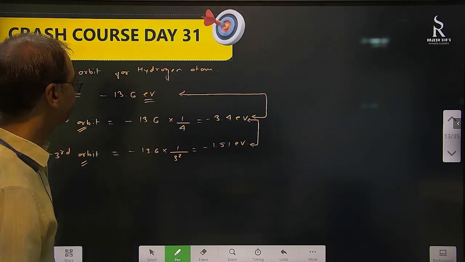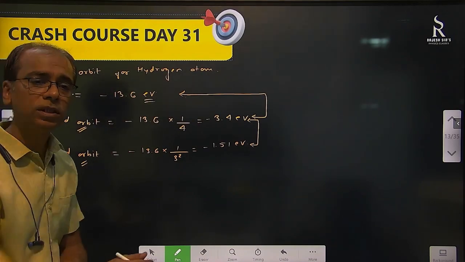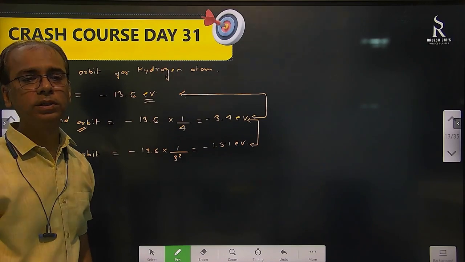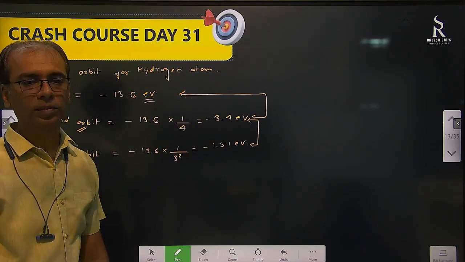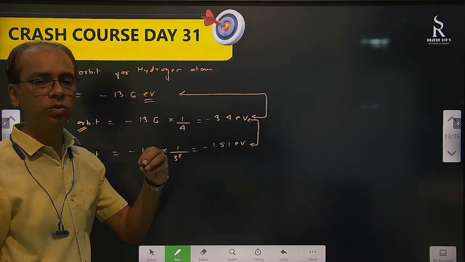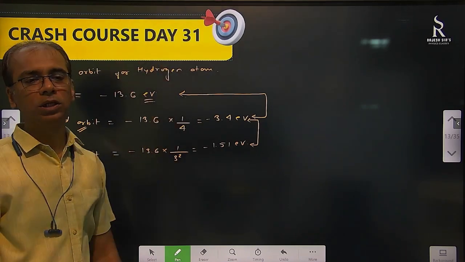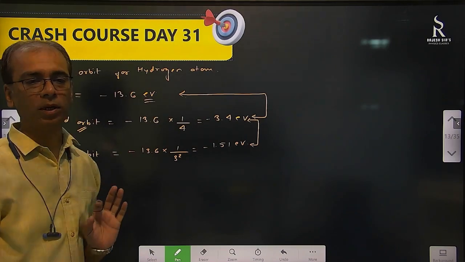Okay, fine. And finally, what is the highest energy we have? 0. We will have 0 energy, and after that the atom is going to ionize. That is ionization energy. Ionization energy means: if you are able to take the electron to 0 energy, then we say that atom is ionized.